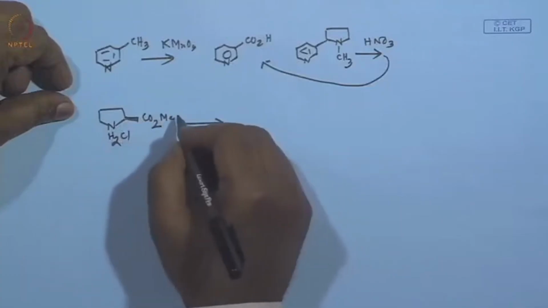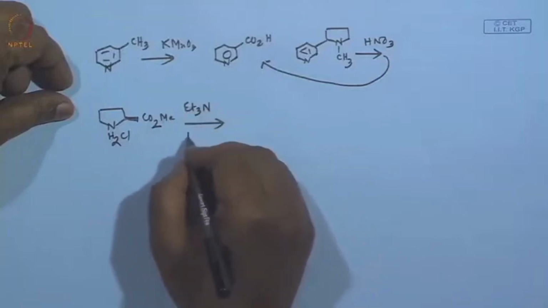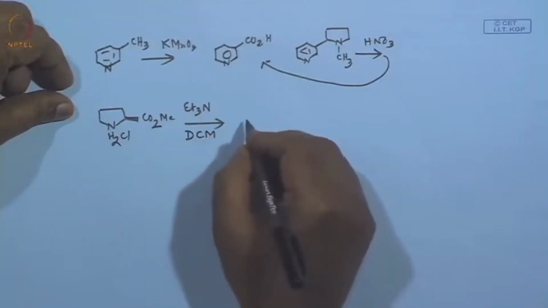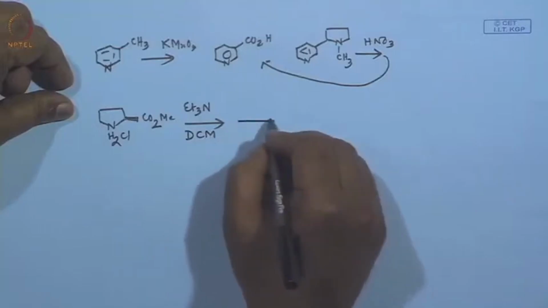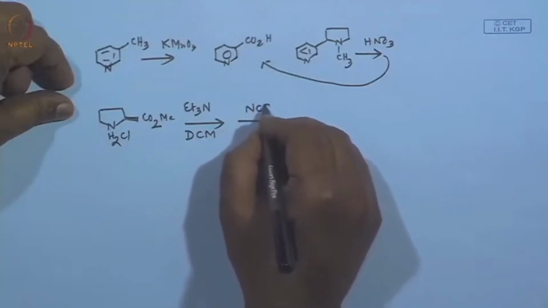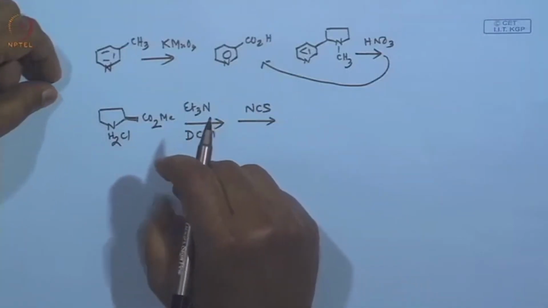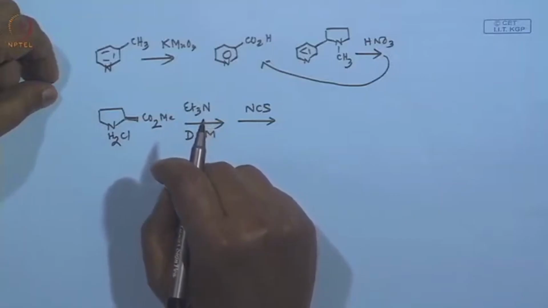Now, I treat this with triethylamine and DCM, that is dichloromethane, and then whatever the residue is obtained, it is treated with NCS. NCS stands for N-chlorosuccinimide, right.